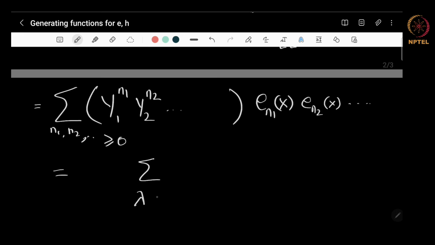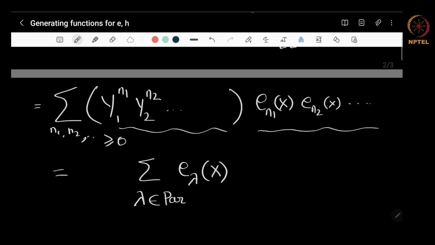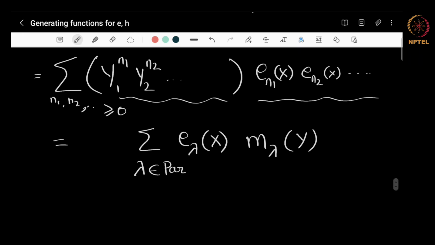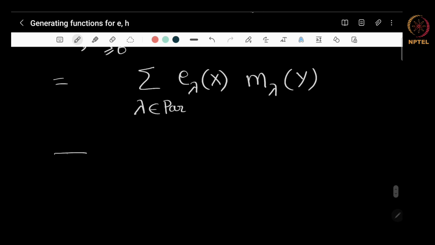So this is over the set of all partitions of E lambda of x, that's this product, and the corresponding term that's in the y is exactly going to be the monomial symmetric function m lambda of y.